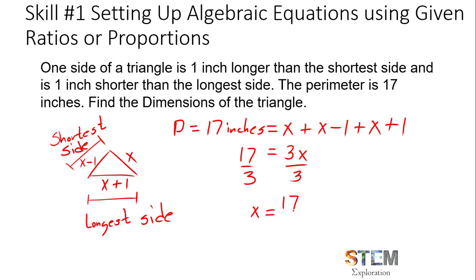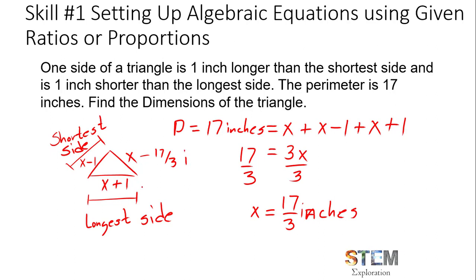divide both sides by 3, x is equal to 17/3 inches. We don't need to put it in decimal format. We'll just leave it in 17/3 inches because it would be a repeating decimal if we put it in decimal. And then that would be your answer. So the sides for this triangle, this would be 17/3 inches.